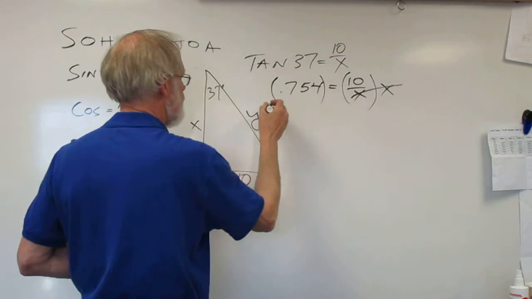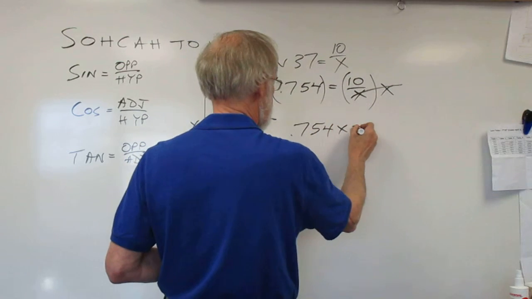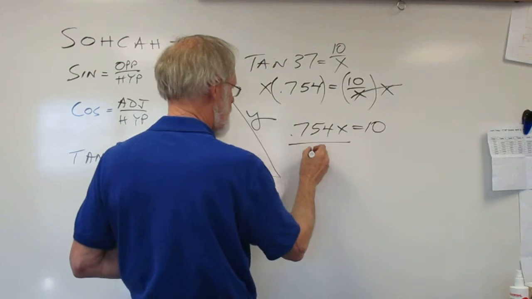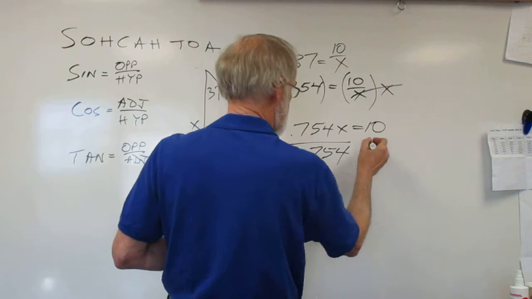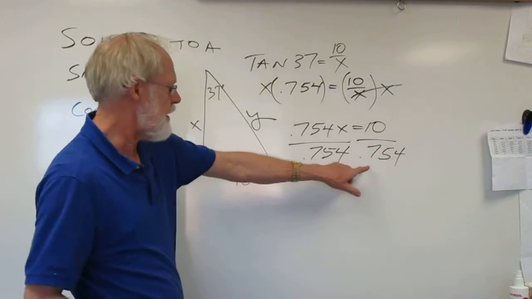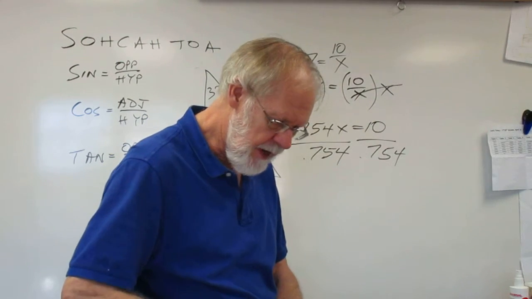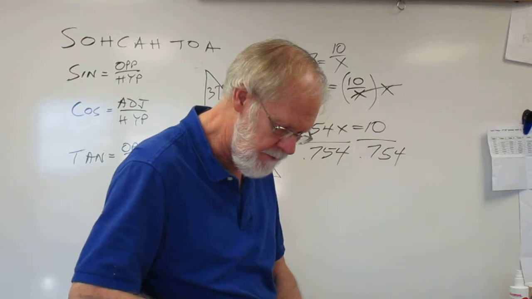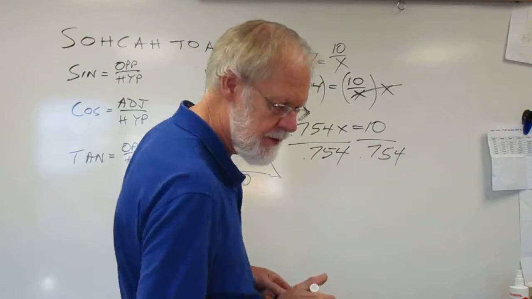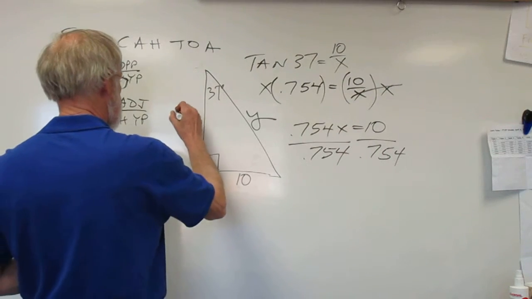So those two cancel, and over here I get 0.754x equals 10. And then I divide by 0.754. So what I end up with is 10 divided by 0.754, which turns out to be 13.26. So we've just found x.